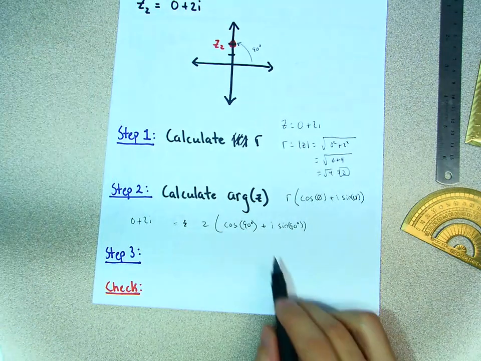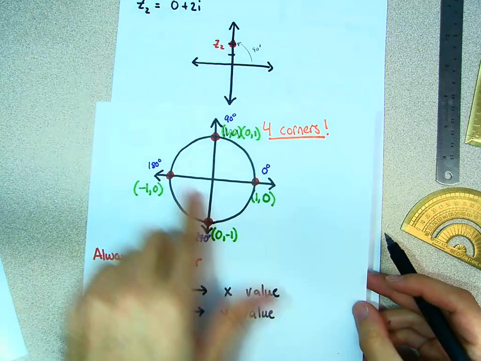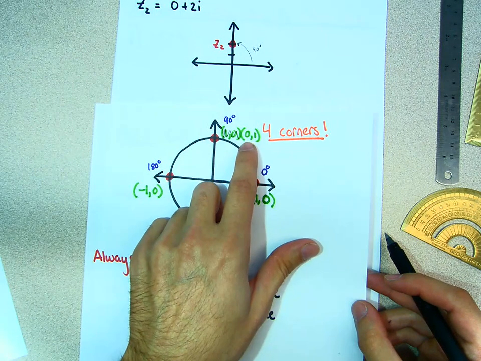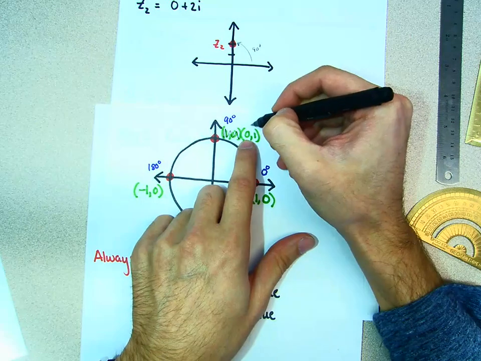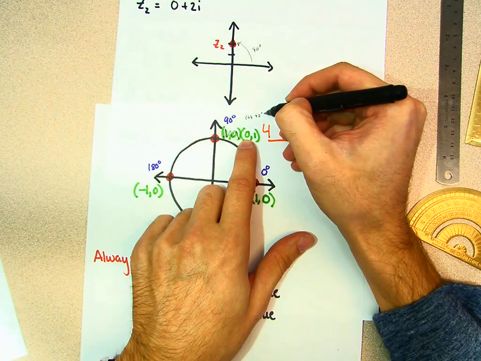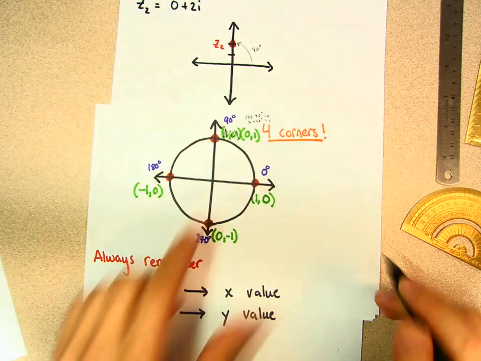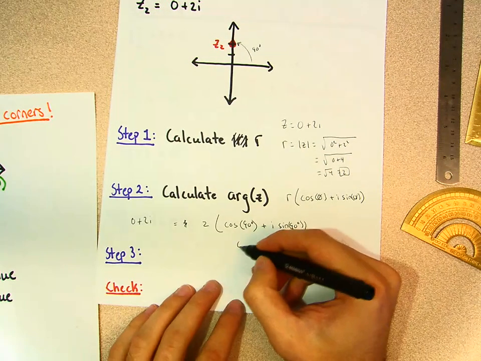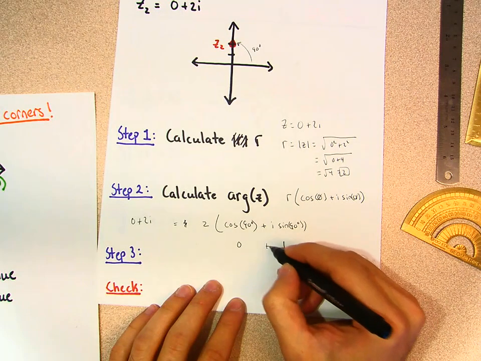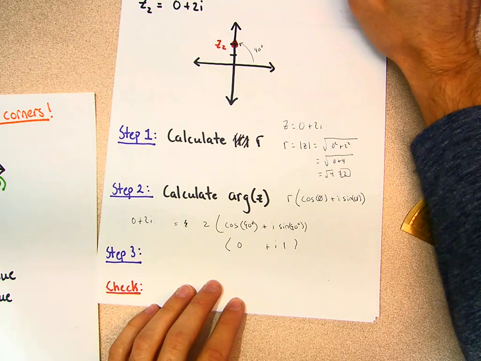Well, we just go back. Where is cosine of 90 degrees? Here, we always just look at this format. Cosine of 90 degrees, this is my x value, so cosine of 90 degrees is 0, and sine of 90 degrees is 1. So here, I just have 0, and I have 1i.